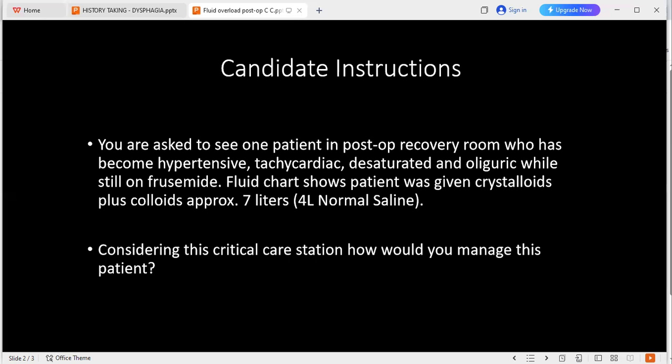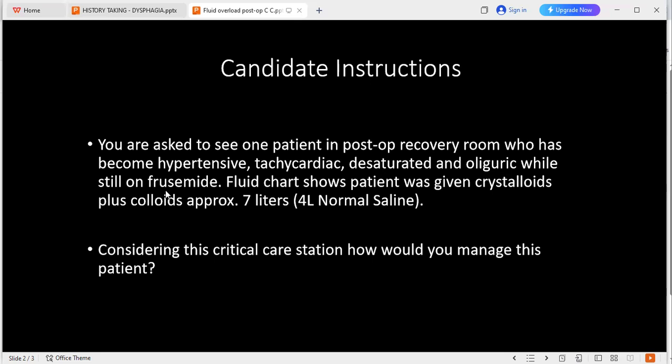But here, we have to check blood pressure and pulse, then we can check urine output, and maybe we can even do a central venous pressure line to check the CVP. Please comment on the fact that the patient post-operatively is hypertensive, tachycardic, and oliguric, despite you giving diuretic furosemide.